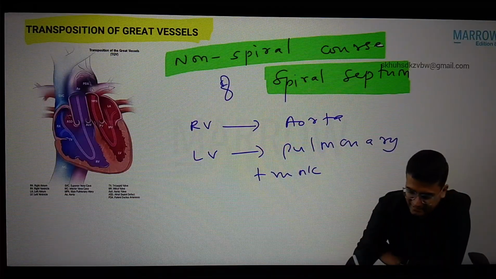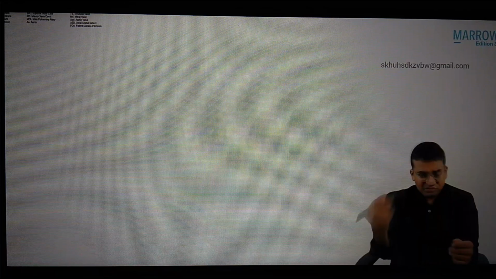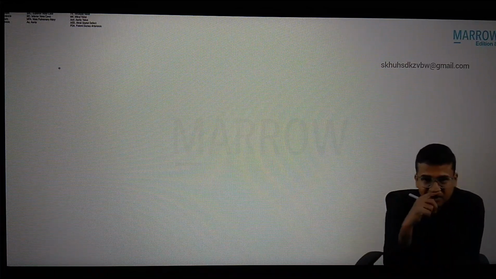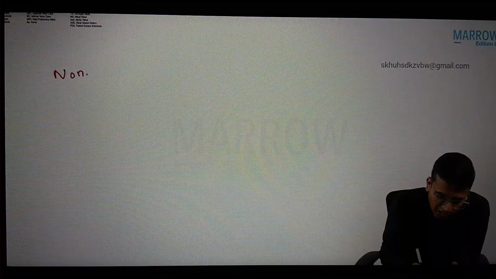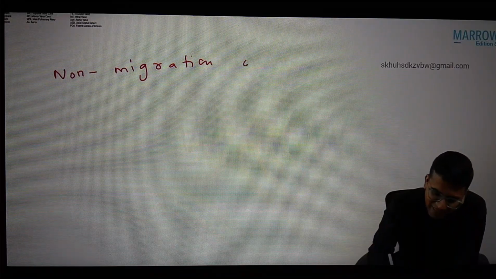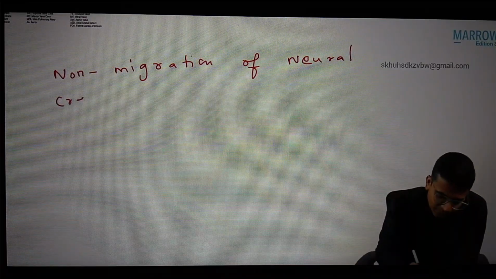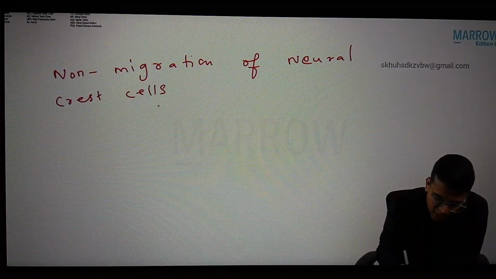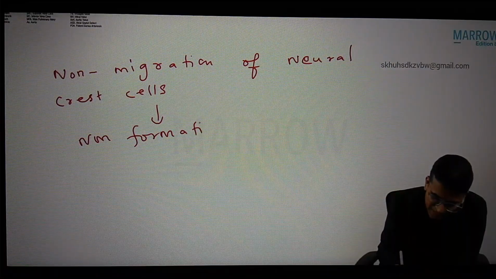Okay. Next, the spiral septum is not formed. Why, sir? Because neural crest cells fail to migrate. So non-migration of neural crest cells results in non-formation of the spiral septum.